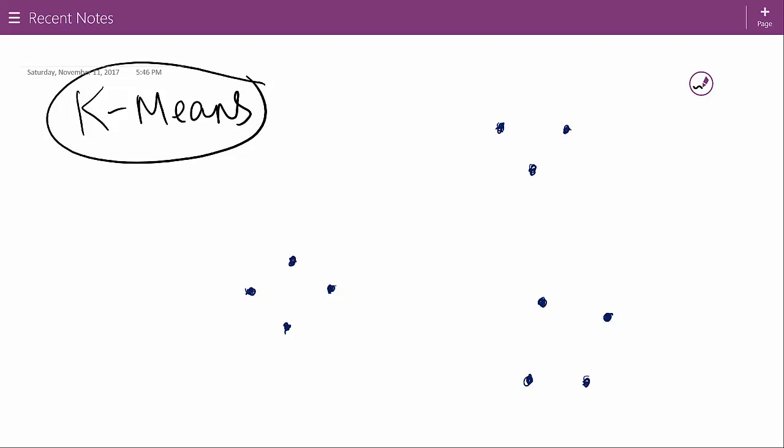And the idea behind K-means is that from the get-go, somehow I need to decide how many clusters to have, and that's exactly how many clusters I'm going to end up with. So if I decide 3, it's going to be 3 at the end. If I decide 5, it's going to be 5 at the end. So this number I have to tell the procedure right off the bat.